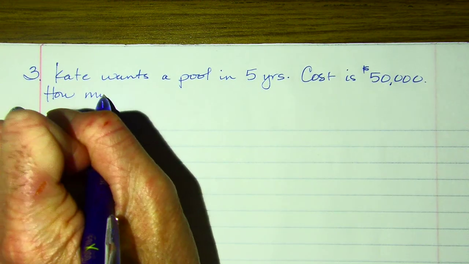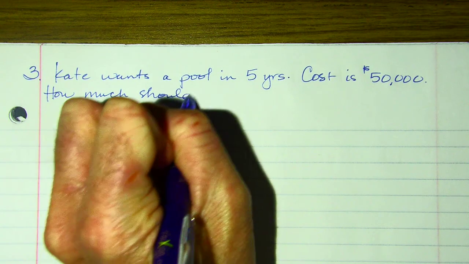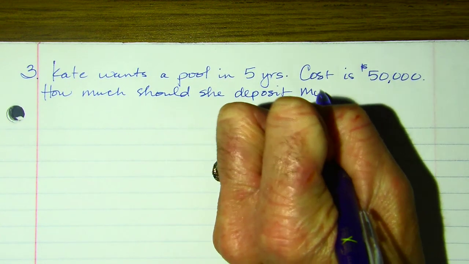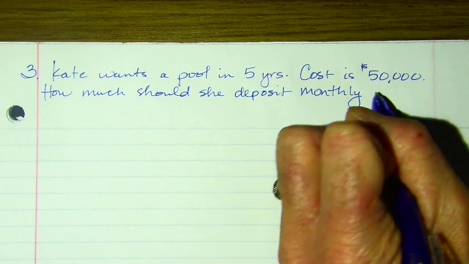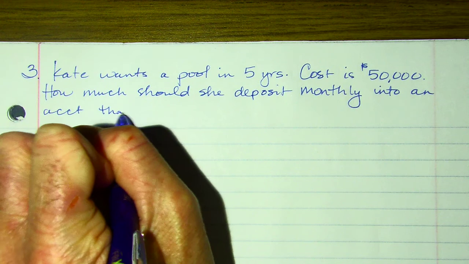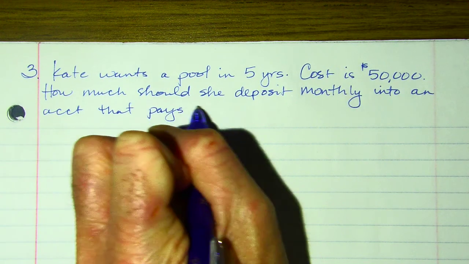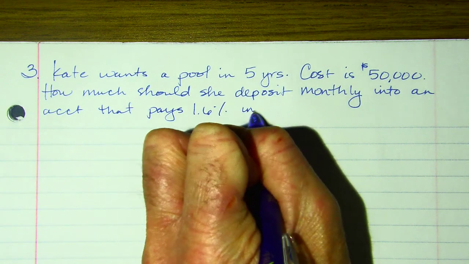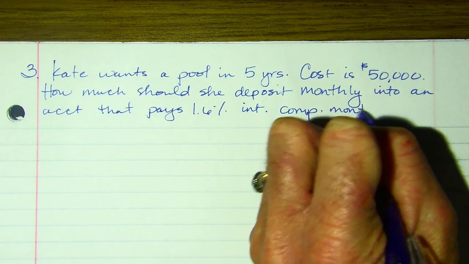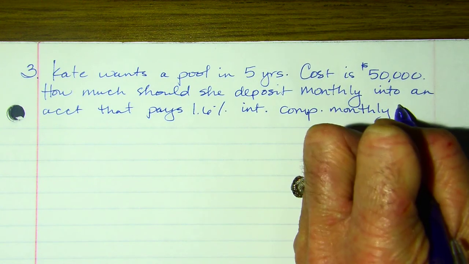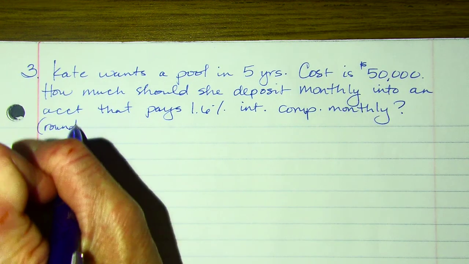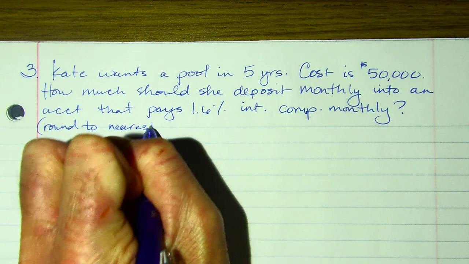How much should she deposit monthly into an account that pays 1.6% interest compounded monthly so that she has enough money in 5 years, and we're going to round to the nearest dollar.